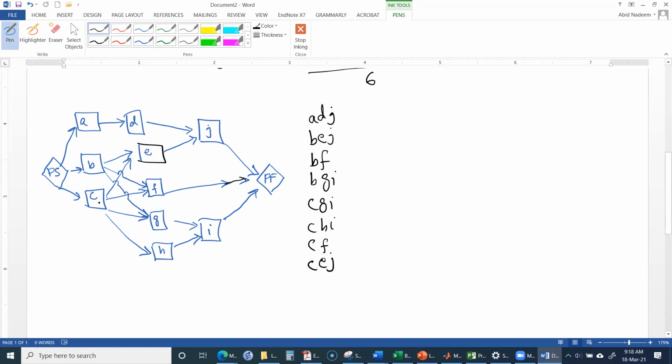No, from C, there are four paths, and CHI, okay? Because there are four activities following from C. So four paths from C, 4 plus 3, 7 plus 1. Total, there are 8 paths, okay? So the longest of those paths will be the critical path.